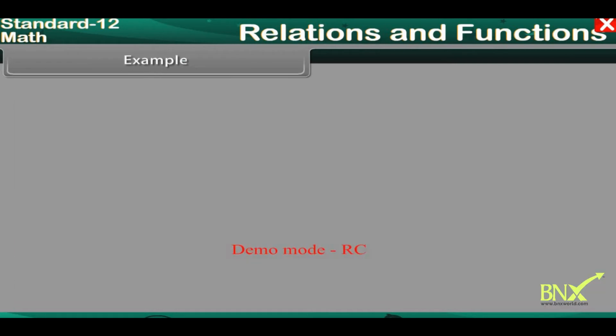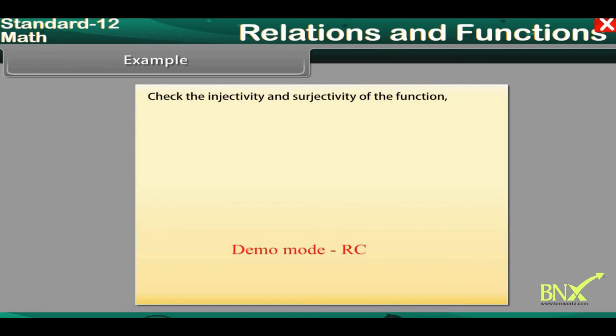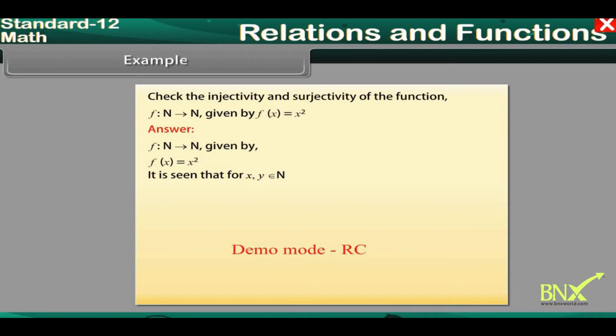One-to-one function. Example. Check the injectivity and surjectivity of the function f from N to N given by f(x) = x square. Answer. It is seen that for x, y belongs to N, f(x) = f(y) implies that x square = y square, which implies that x = y.